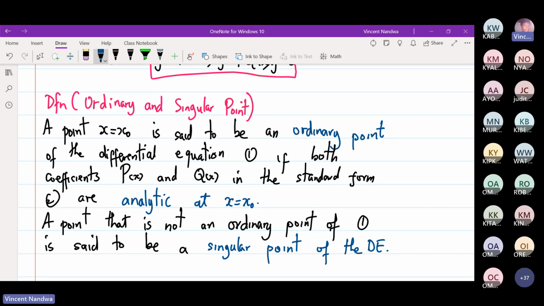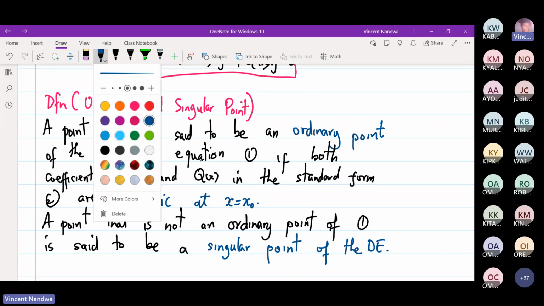So D means differential equation. So if both P and Q in standard form 2 are analytic at a point x naught, then we say that point is an ordinary point. But if P and Q fail to be analytic at the point x equals x naught, then x naught is said to be a singular point.